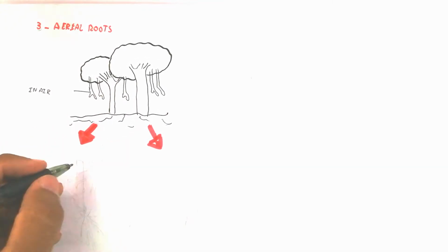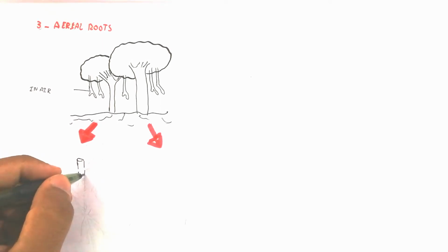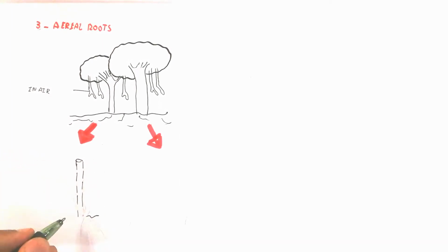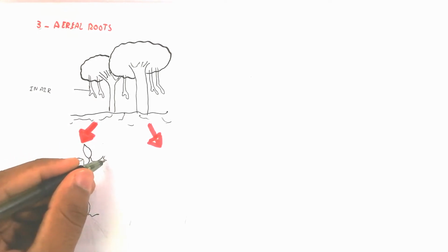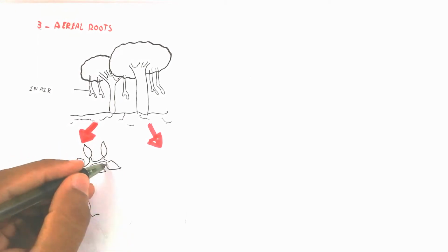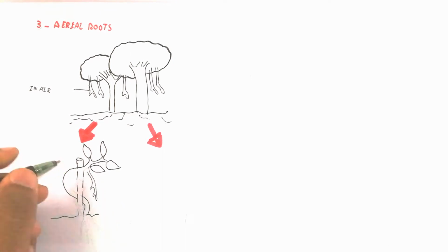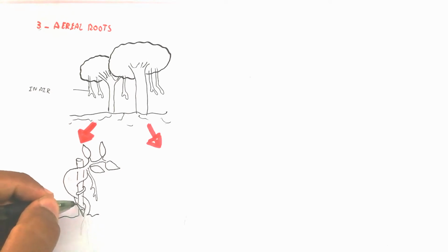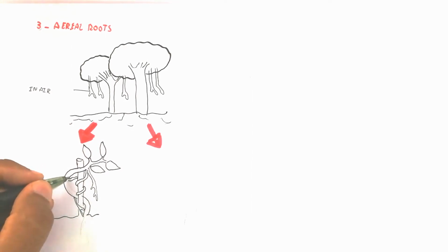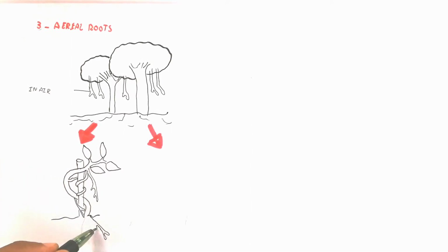The climbing root is used for clinging to walls and other things for support. So here is the vine, which contains climbing roots. The climbing root attaches to a rod or some wall as a supporting mechanism.